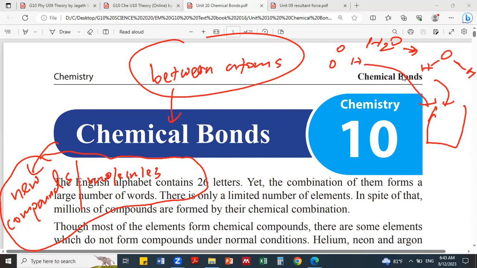Can you make chemical bonds like that with human involvement? No. Remember, students, chemical bonds are naturally formed. We don't need to make bonds. They are already formed. We just get it and use the compound or the molecule.